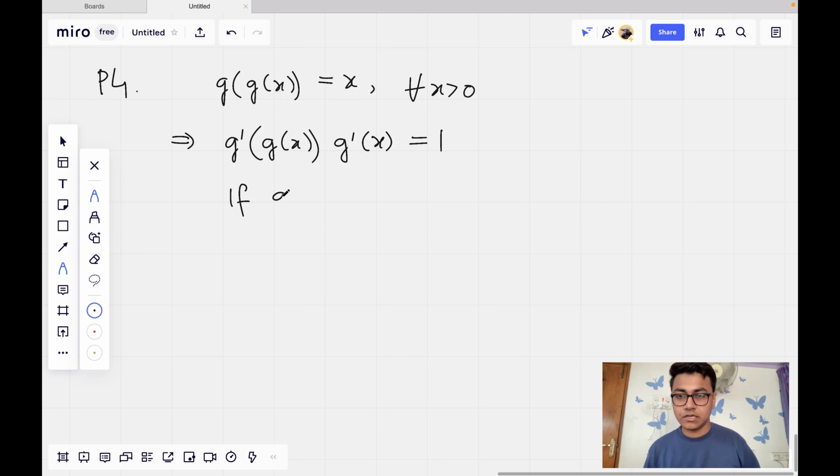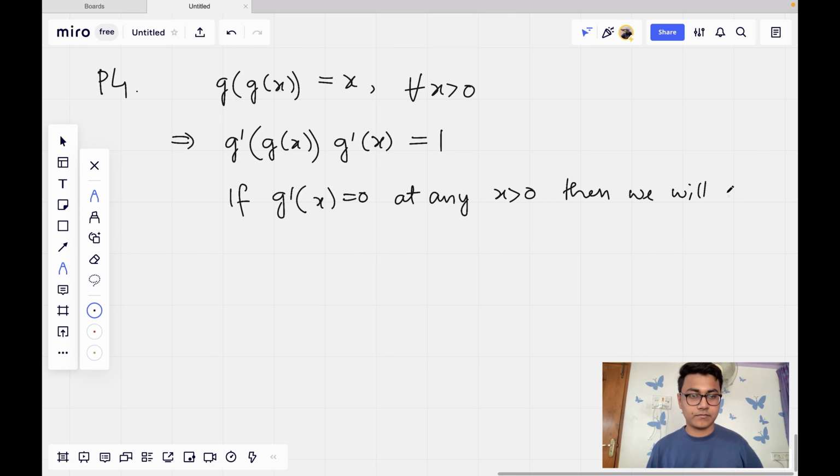That is, if g dash x is equal to 0 at any positive real number x, then we will get 0 equal to 1, which is just absurd.